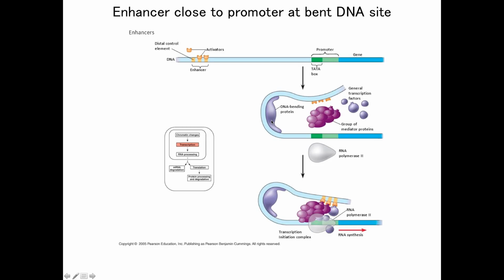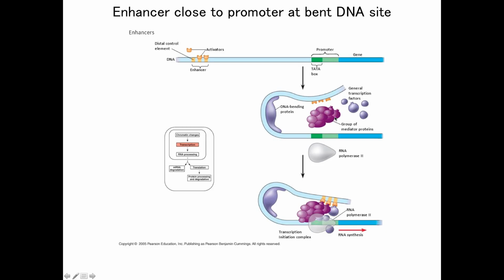For example, such a DNA bending protein binds to the middle point of the enhancer and promoter, and then the distance between the enhancer and promoter becomes very close.